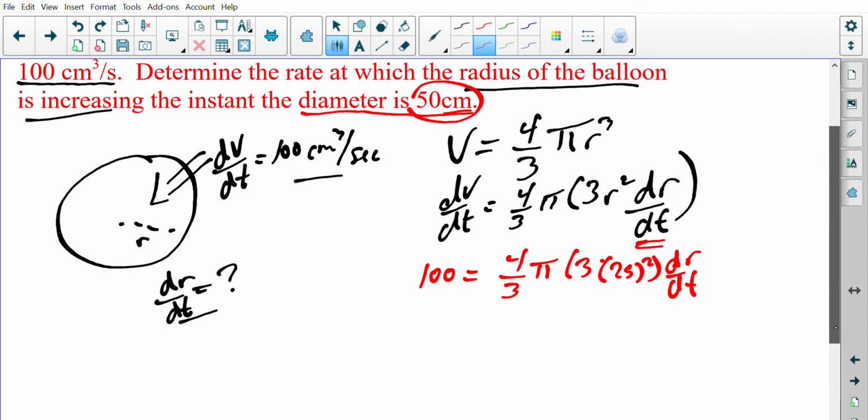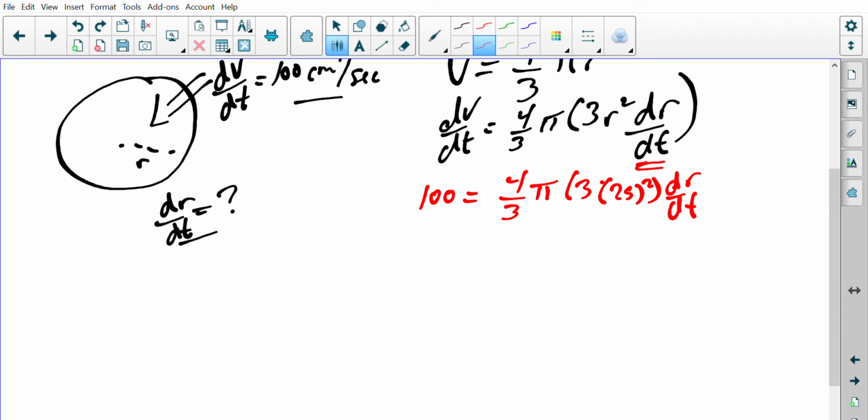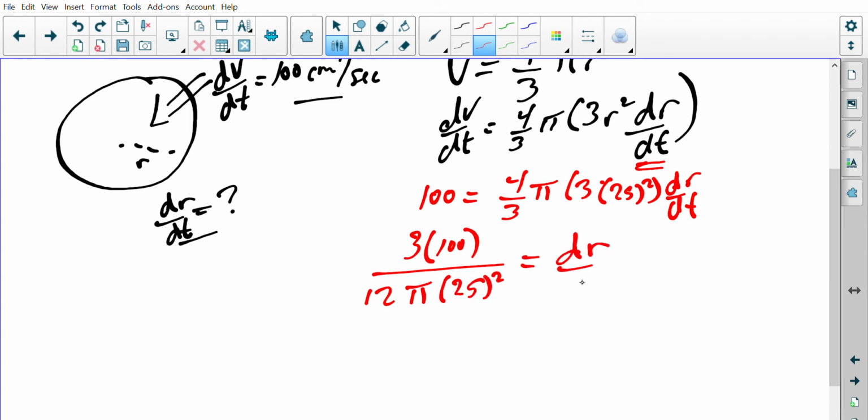Okay, so now this would be a matter of rearranging. I'm going to have to go 3 times 100 and then divide by 4 times 3, so 12 pi times 25 squared. And this will give me dr dt isolated by itself. So if I throw that into my calculator, 3 times 100, 300 obviously, divide that in brackets, 12 times pi multiplied by 25 squared.